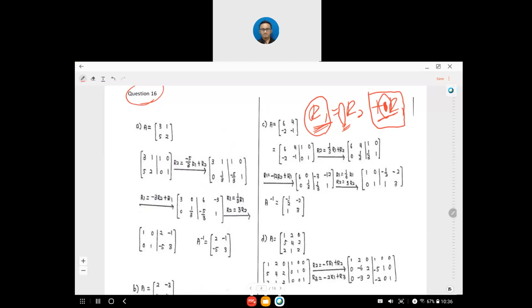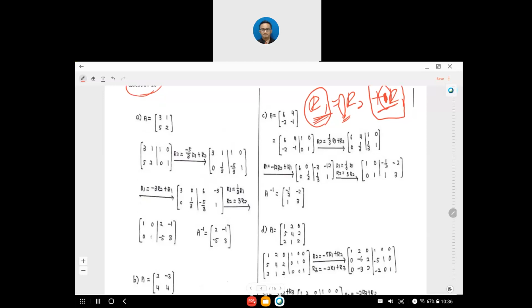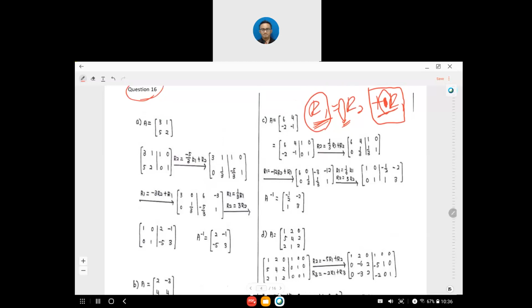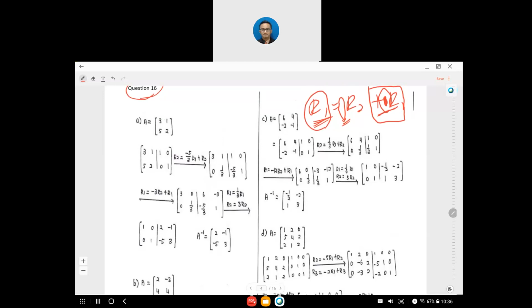Okay. Look at exercise 1. You want to find the inverse for matrix A. What is matrix A? Matrix A is 3, 1, 5, 2. So you must write it in terms of an augmented matrix first. What is an augmented matrix?